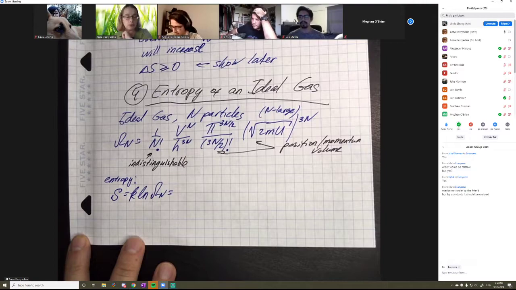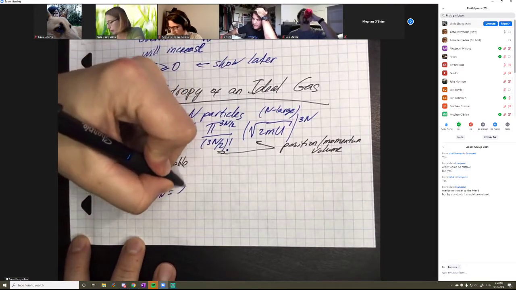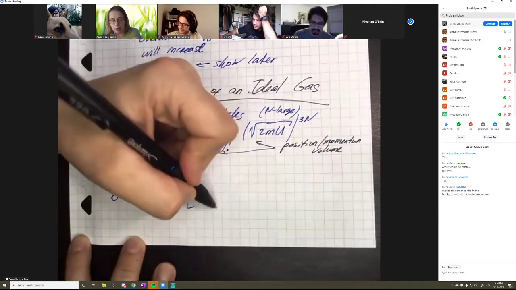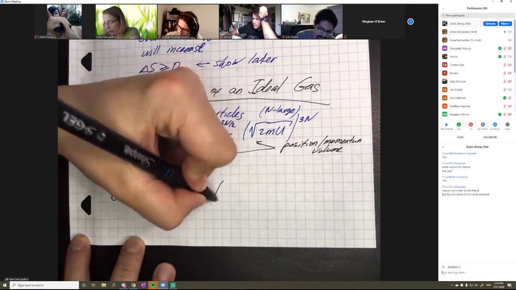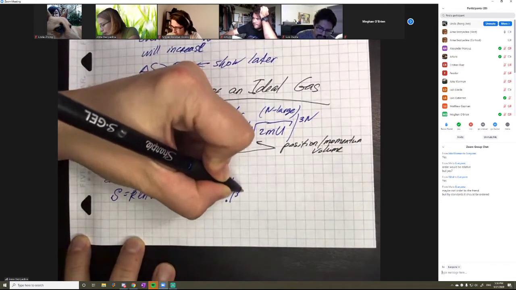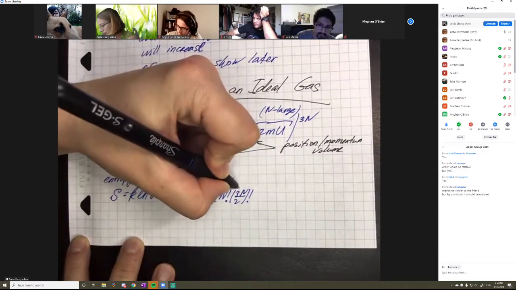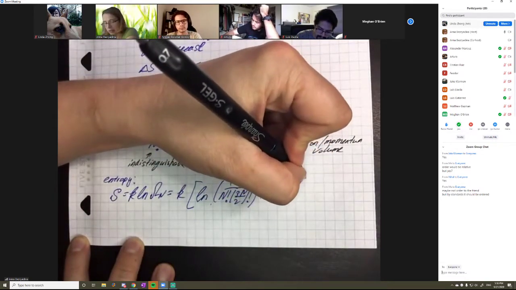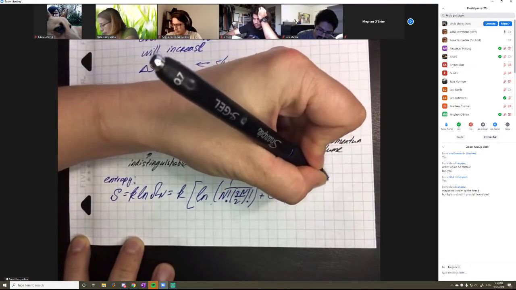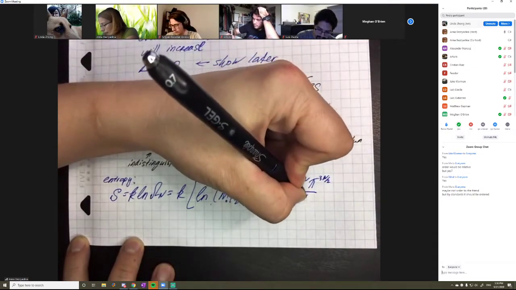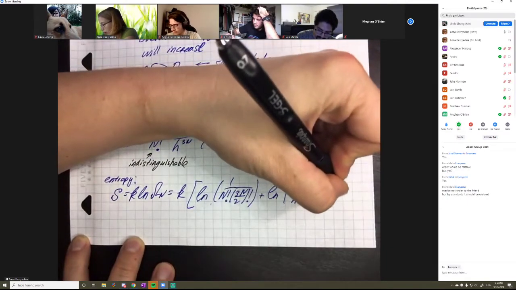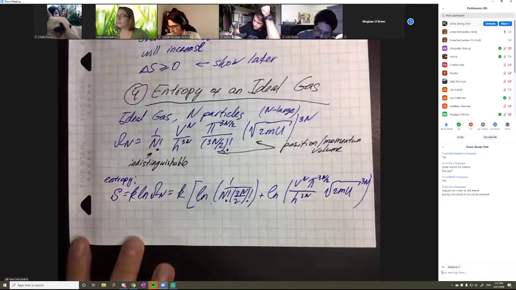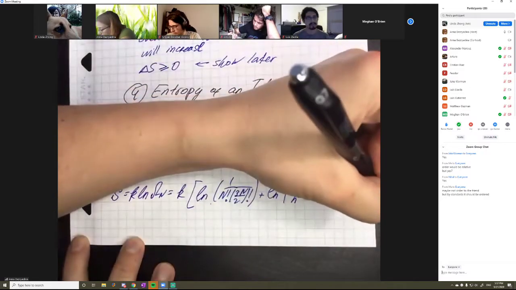Okay, so let's move on. Sorry, entropy. So let's plug in this formula. We'll do some rearrangement of it. We'll put it as k logarithm of 1 over n factorial 3n over 2 factorial, plus logarithm of V to the power of n pi to the power of 3n over 2 divided by h to the power of 3n square root of 2mU to the power of 3n.